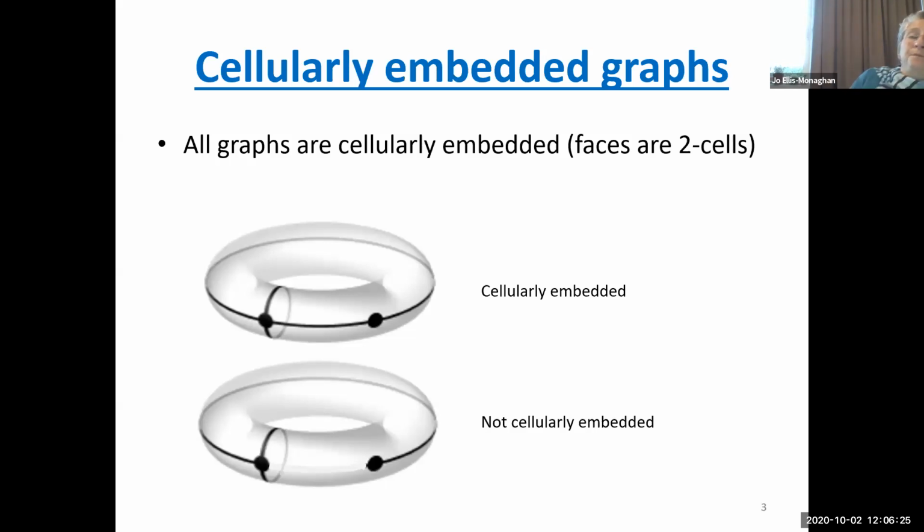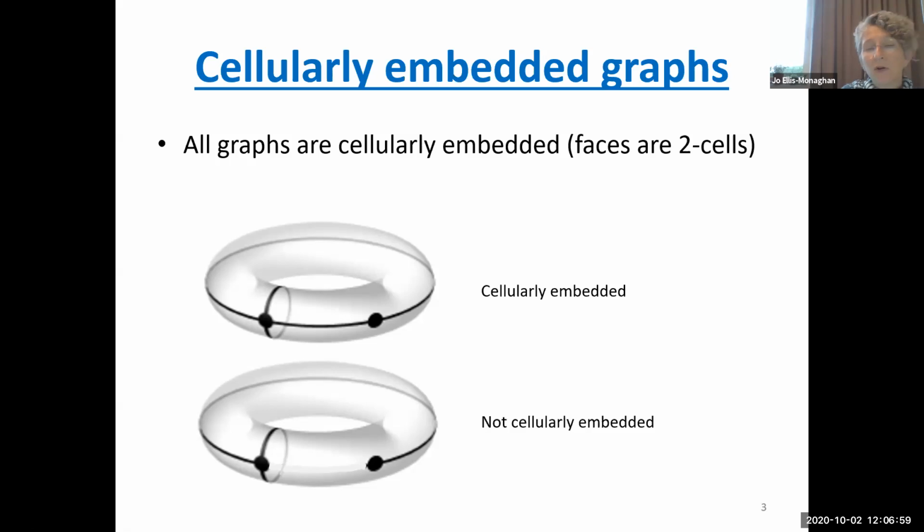All right, so cellularly embedded graphs. All of the graphs we're going to be looking at here are cellularly embedded, so the faces are two cells. This top one is an example of a cellularly embedded graph. So it's a graph drawn on a smooth surface, with the property that if you remove the points of the graph from the surface, the bits that are left are all disks.